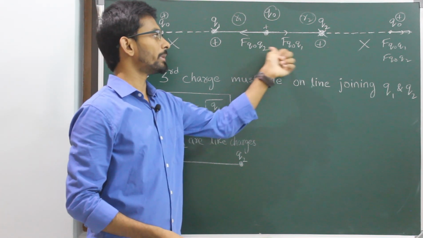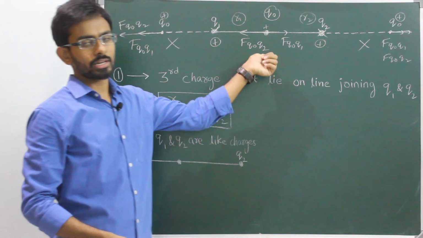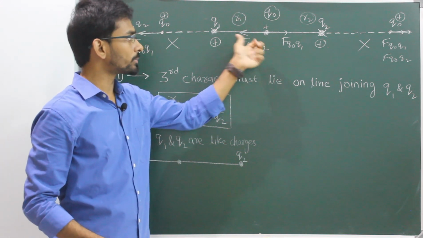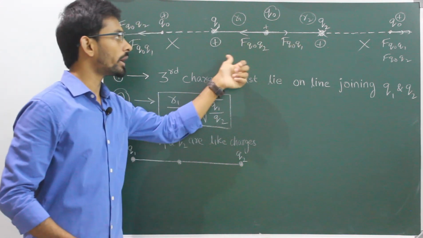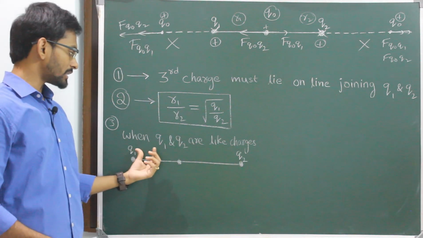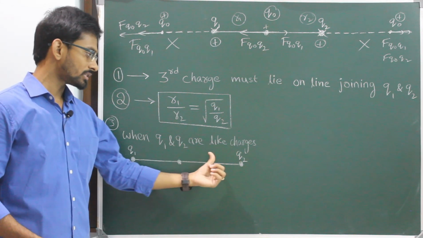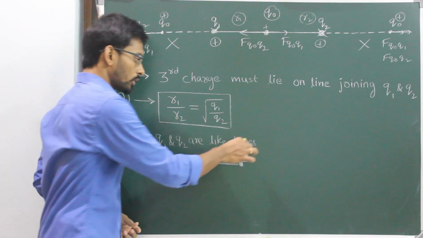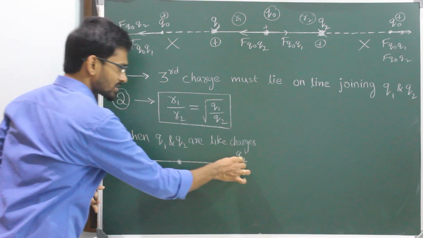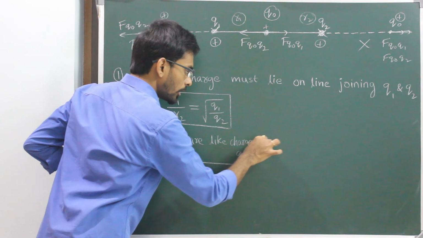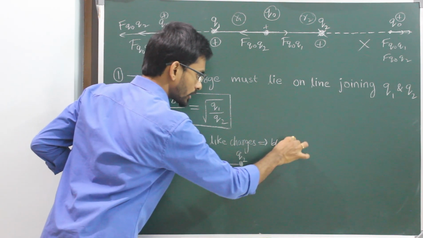These two forces may become equal and opposite, and the net force may be zero. So when Q1 and Q2 are like charges, equilibrium is possible only between the charges, between Q1 and Q2.